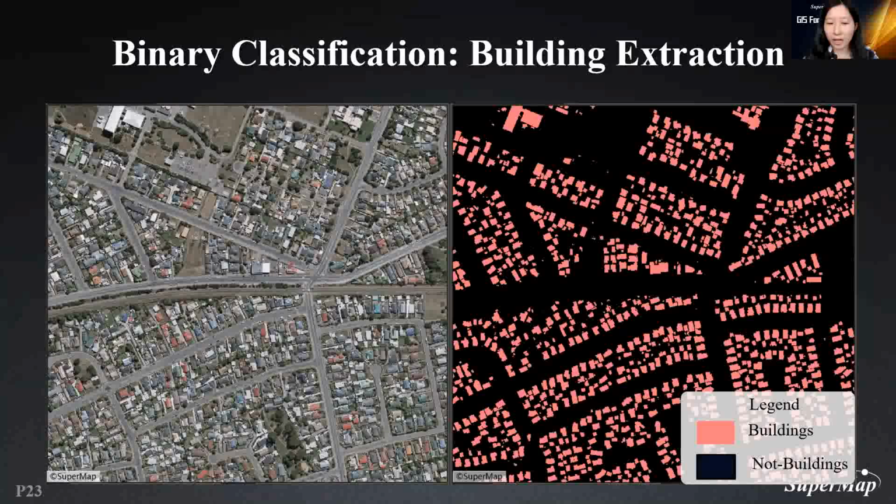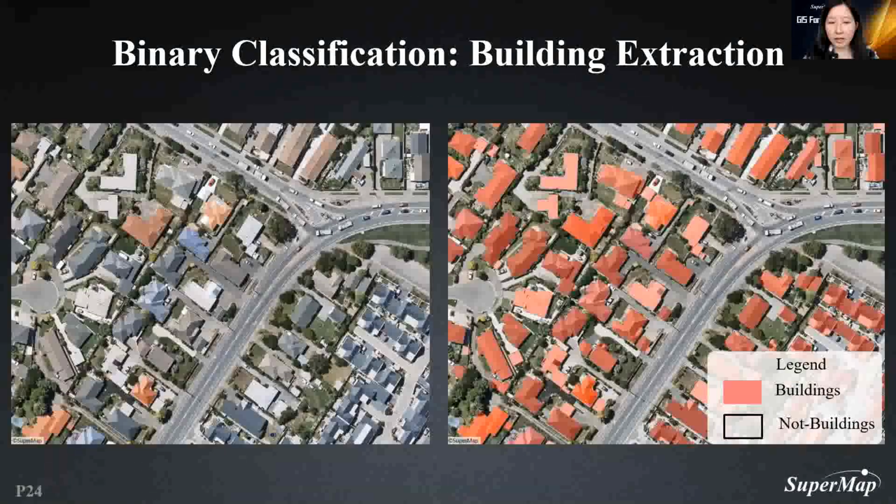The 1 is building and the 0 is not building. We set the zero value areas to transparent color, which looks clear and has a better effect.